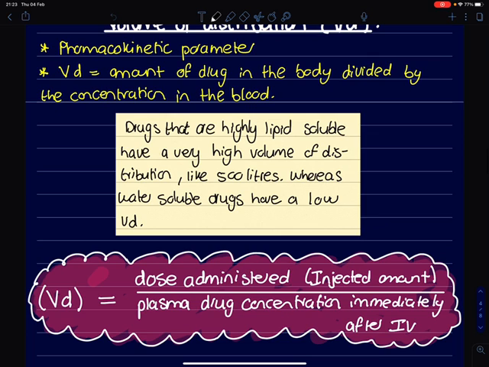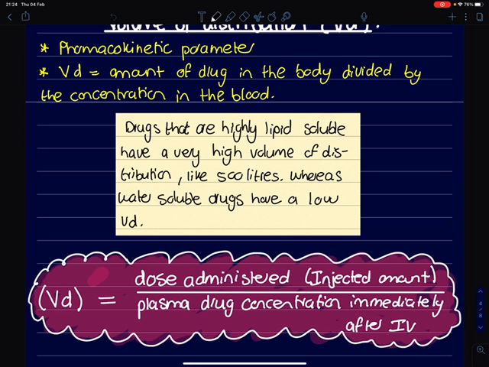So the formula is volume of distribution is equal to the dose administered intravenously divided by the plasma drug concentration immediately after injection. So once again, volume distribution is the dose administered intravenously divided by the plasma drug concentration immediately after injection. That is how you work out volume distribution.